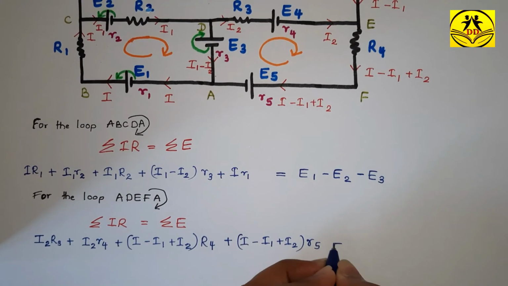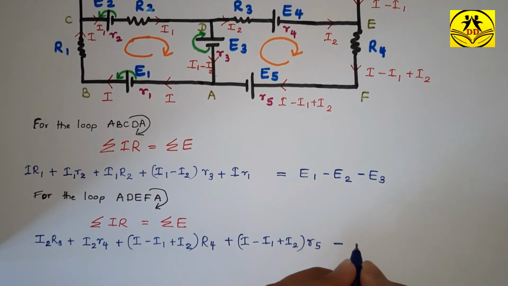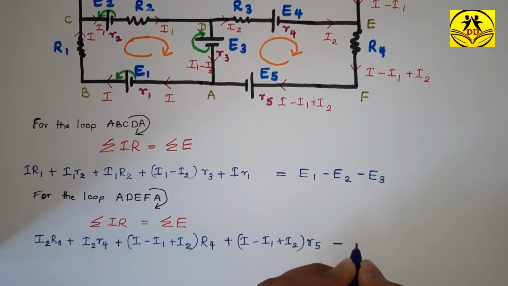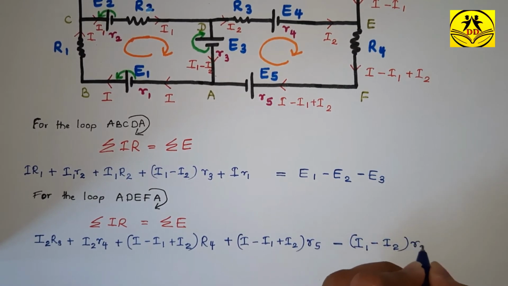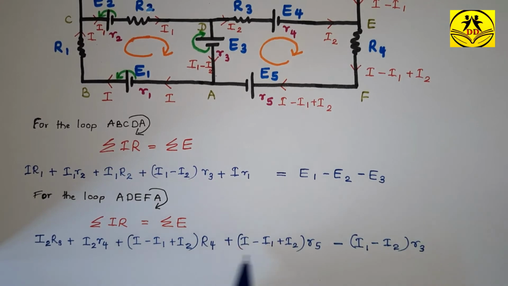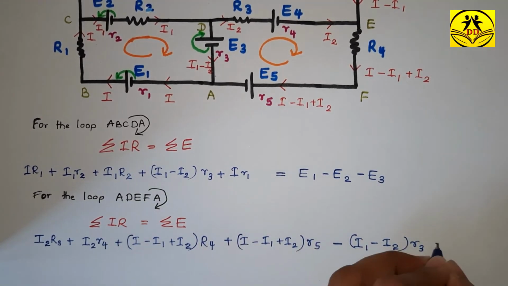So we write here minus (I1 minus I2) times R3. So this is the algebraic sum of the IR products.